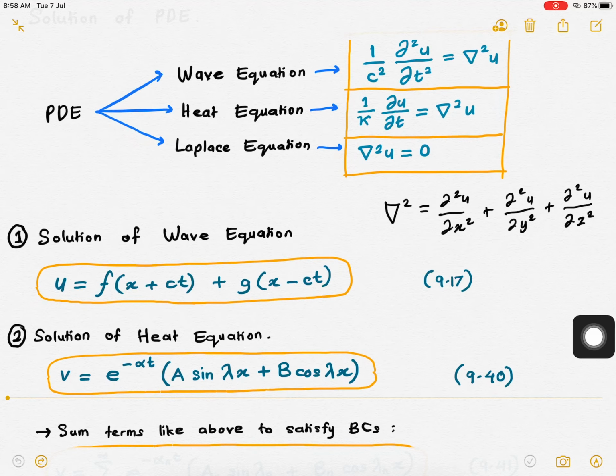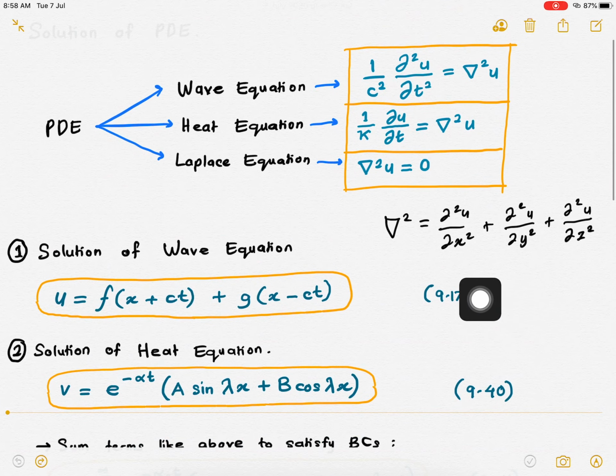These are the solutions. Now we go to the solutions. The first one is the solution of the wave equation. If you go to section 9.3, you can see how this formula is derived, but I won't teach you how to derive it.